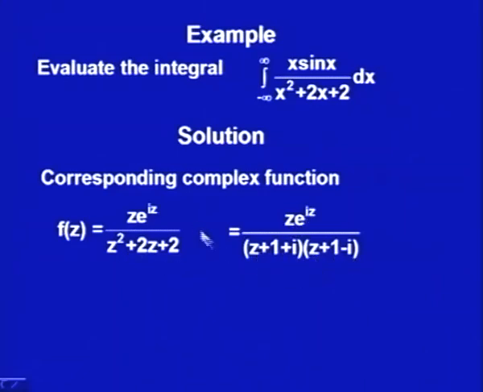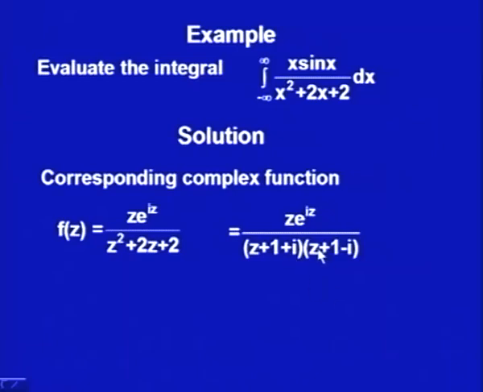That says that the zeros of the denominator q(z) are minus 1 minus i and minus 1 plus i. Both are complex numbers. Minus 1 plus i lies in the upper half plane, and minus 1 minus i lies in the lower half plane.